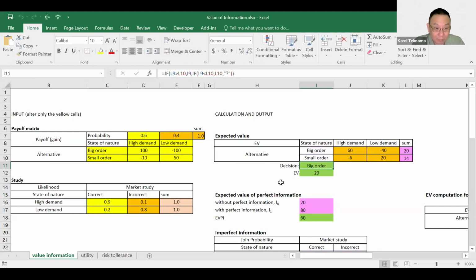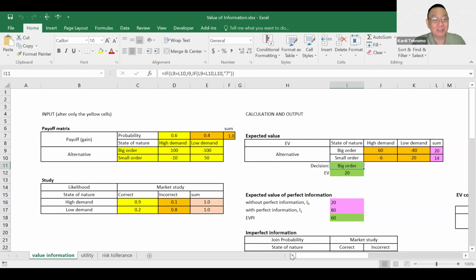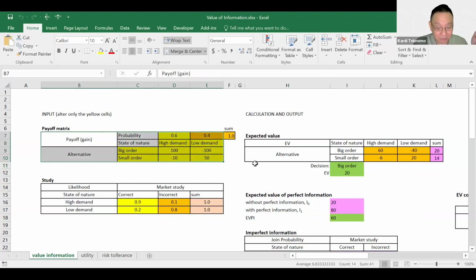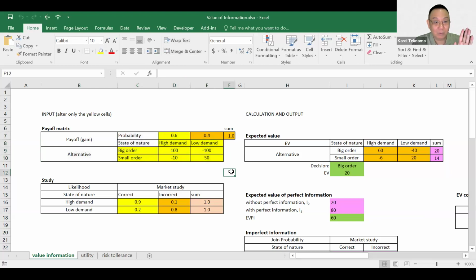Now, to make the problem more complicated, you can have a sequence decision, not just a one-time decision. For example, what happens if you want to conduct a market study or not?